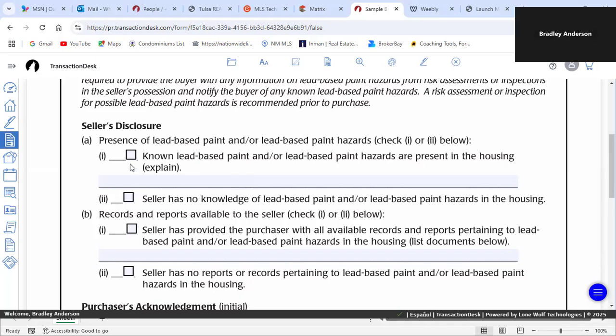This is complete acknowledgement that the seller is aware that yes, there is lead-based paint. The second option is seller has no knowledge of lead-based paint or lead-based paint hazards in the housing. That doesn't necessarily mean that some don't exist. It just means that the seller is not aware of it.